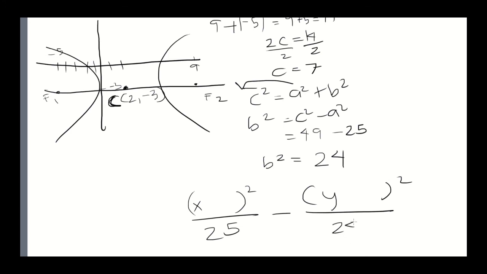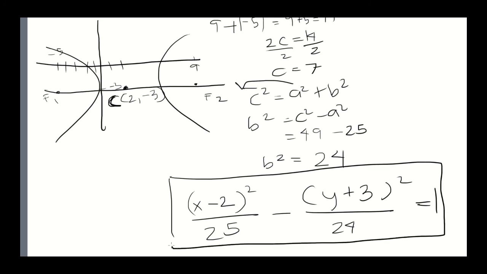Then the center's x value is 2, so we transpose it and it becomes x minus -2, and y becomes y plus 3. And don't forget the equals to 1. Okay, now we have the standard equation.